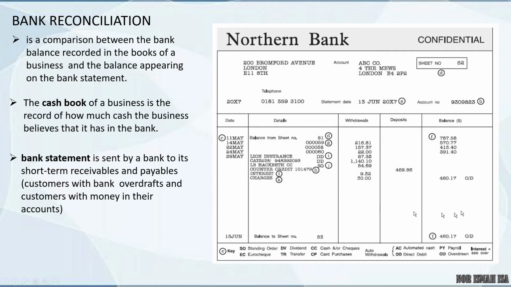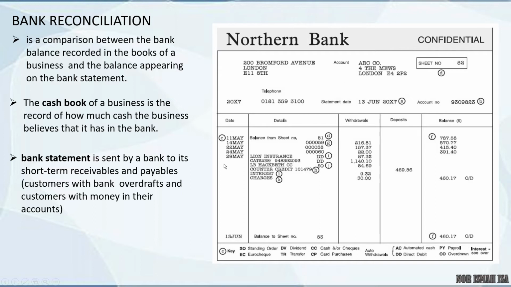For the bank statement, we have the significant items in this statement. The first one is A, the date of the statement, which is printed at 30th June 2007, the last date. B is the account number of the business with the bank.